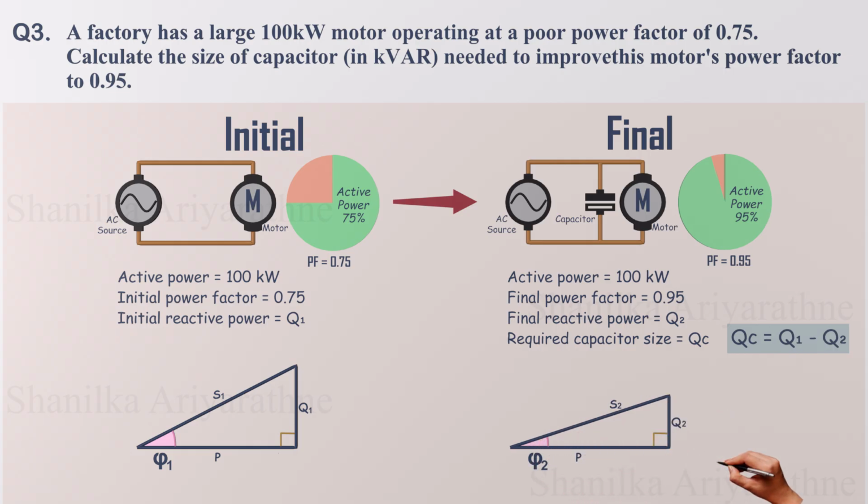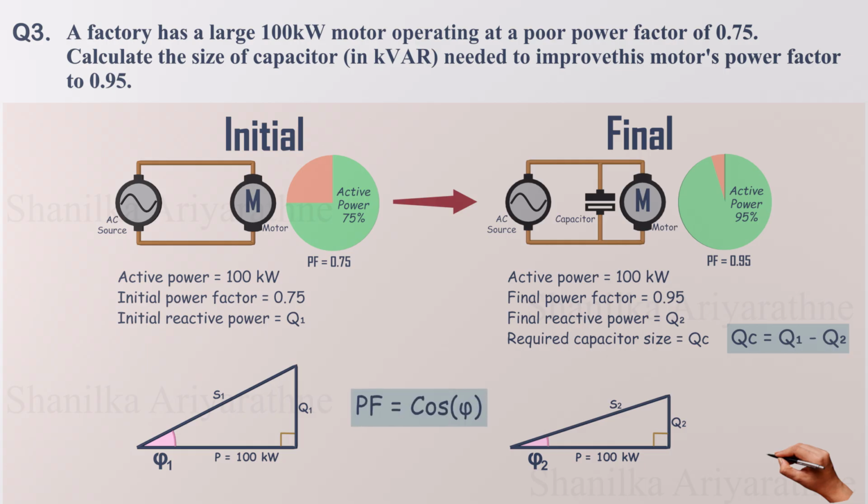We already know one side, our active power. With this known, we just need one more parameter to solve the entire triangle. Fortunately, we have power factors for both scenarios, 0.75 and 0.95. Since power factor equals the cosine of the phase angle, we can work backwards to find our angles. Once we have these angles, we can calculate everything else we need.